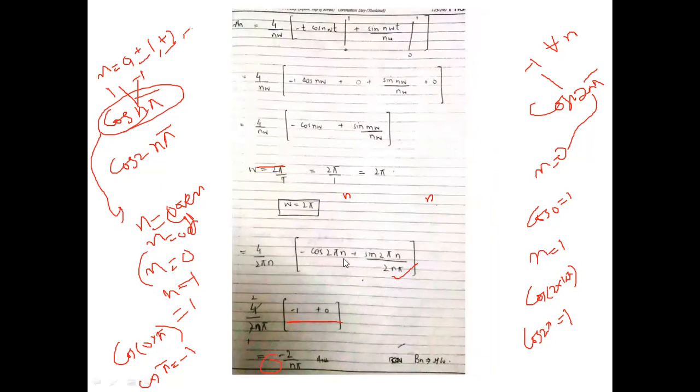For n odd and for n even, the cos 2n pi is the same, so we can finalize the answer by putting the value equal to 1. And for any value of n, whether it is even or odd, sin 2n pi is equal to 0 in any case. So we can finalize the answer by putting the value equal to 0. Now multiplying we will get bn is equal to minus 2 over n pi.